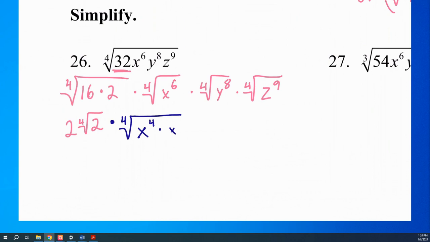Okay, do we understand that x to the 4th times x squared is the same as x to the 6th? Okay. Now is this next exponent, this y to the 8th, nicely divisible by 4? Yes. So do I need to fiddle with that? No. What's the highest number out of z to the 9th that's going to be divisible by 4?